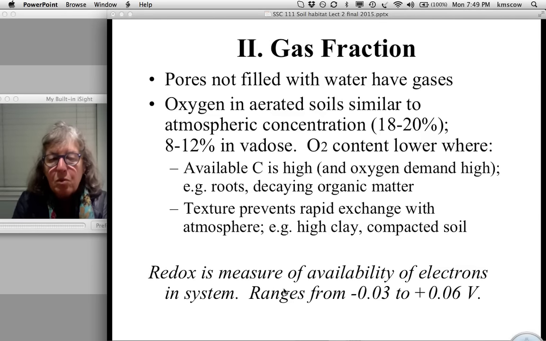Okay, and this term redox, which you're going to meet in the flooded soil lecture and in this very cool lab that we do in this class on flooded soils, redox is a measure of the availability of electrons in a system. And that redox can range from minus 0.03 to plus 0.06 volts. We will revisit this later, but I just wanted to place this idea here in this context of oxygen.